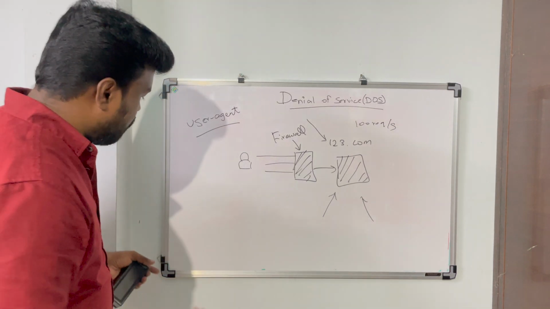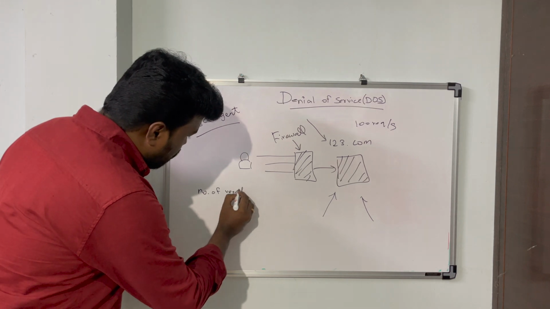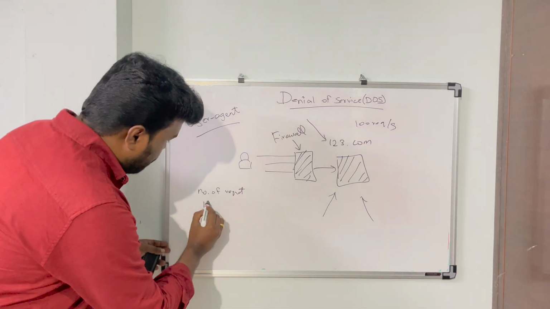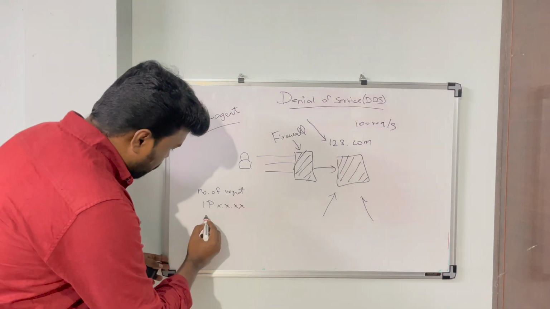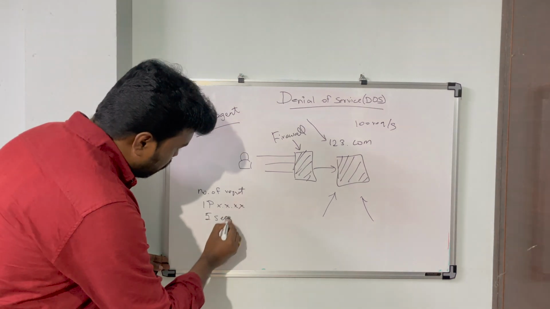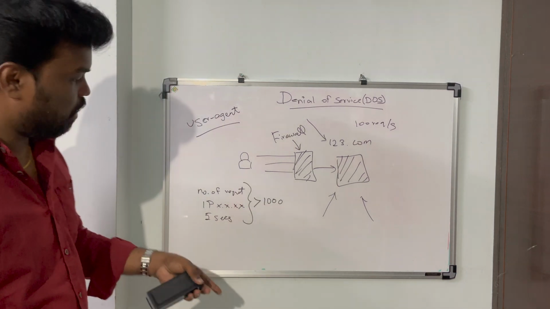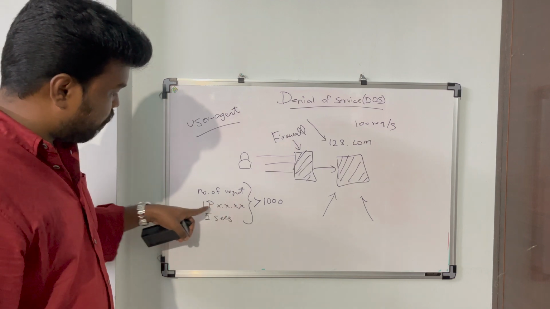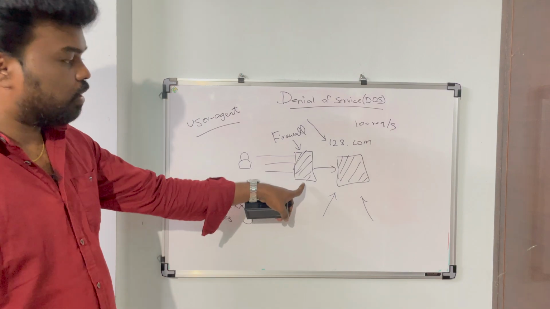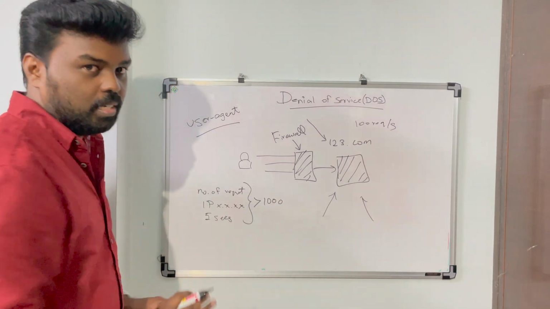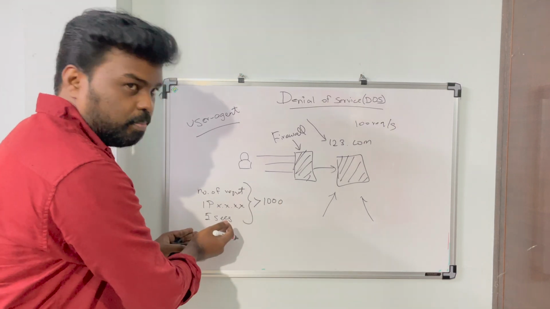For example, consider hypothetically if the number of requests coming from the same IP within some 5 seconds is greater than 1,000, then the firewall will identify this as a malicious request because it is humanly impossible to create that many requests within a short period of time.